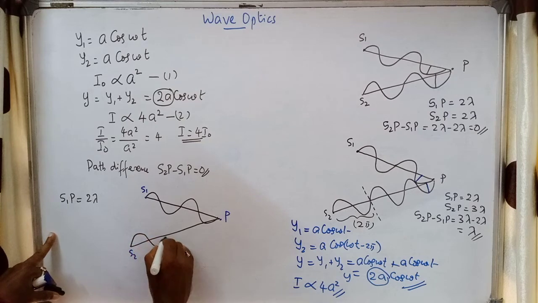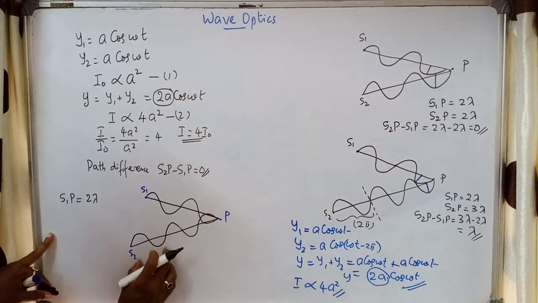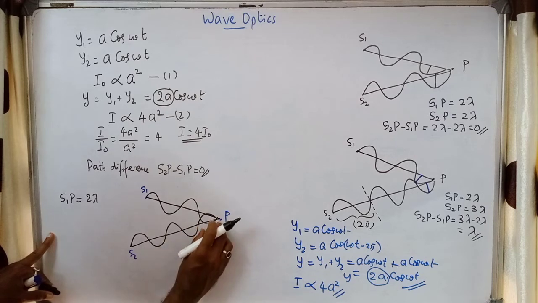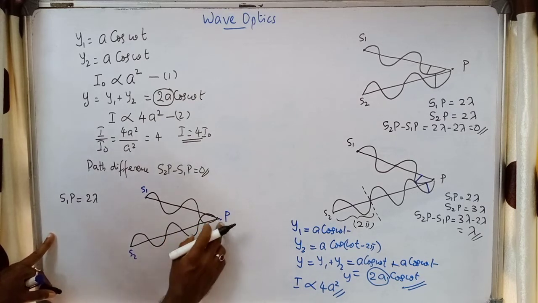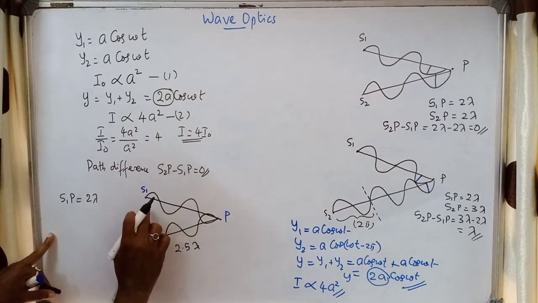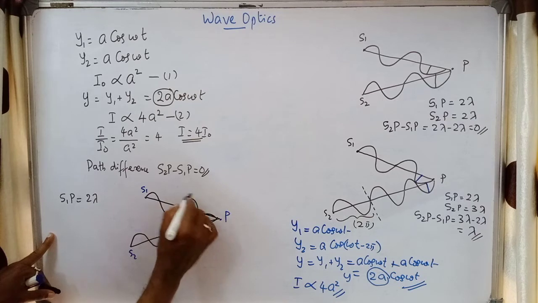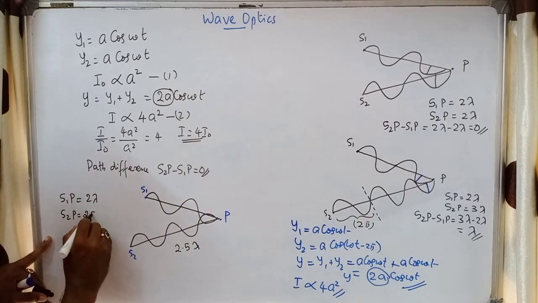Okay, here what is the length? Lambda, lambda and a half lambda. So I can say 2 lambda and a half, it is 2.5 lambda. Here what is the value? Lambda and lambda, 2 lambda. So what is S2P? S2P will be 2.5 lambda.